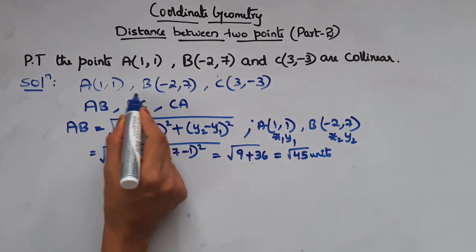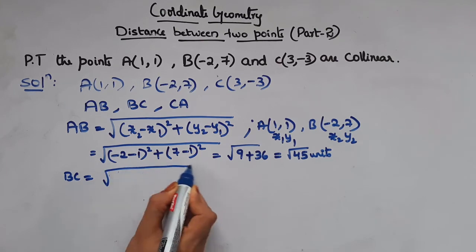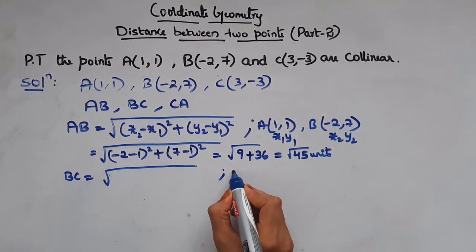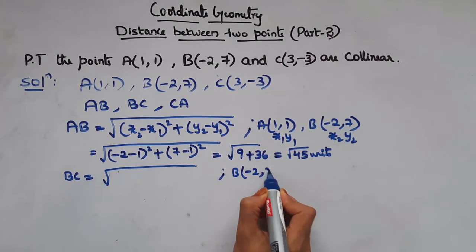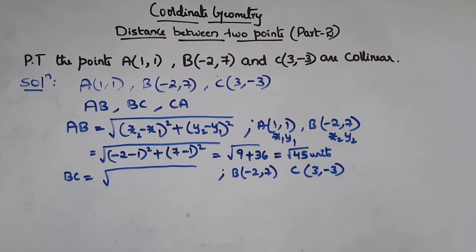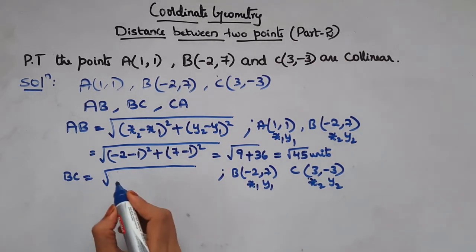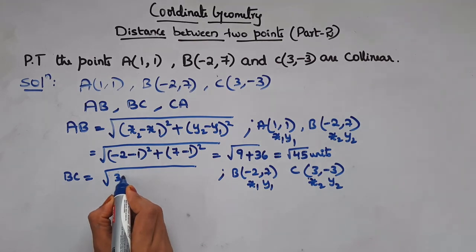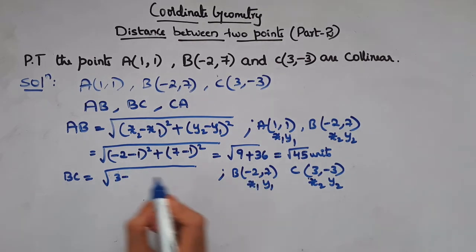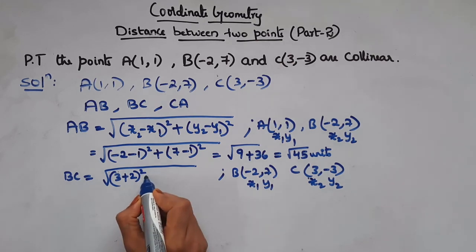Similarly, now let's see the distance between BC. So BC is given by square root of, here B is minus 2 comma 7 and C is 3 comma minus 3, right? So this will be your x1 y1 and this is your x2 y2. x2 minus x1 here is 3 minus x1 here is minus 2. So minus of minus is plus 2, right? Whole square plus y.